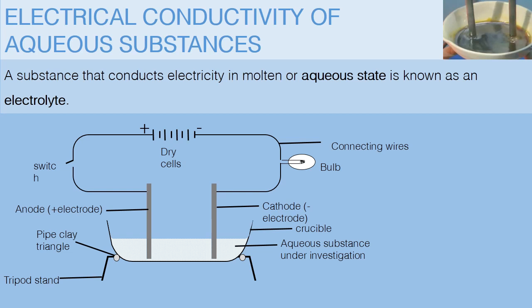So in this case, once the switch is closed, the electrons will start to flow in one direction and enter the aqueous solution through the cathode, and leave the solution through the anode.